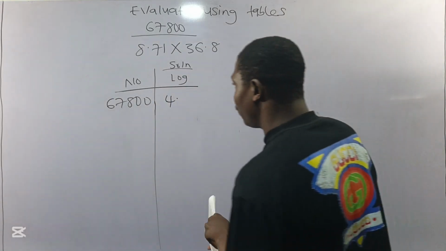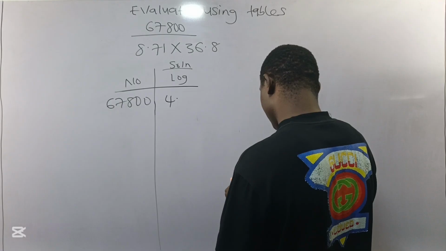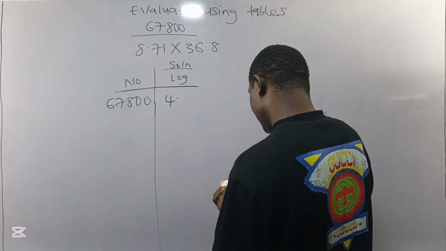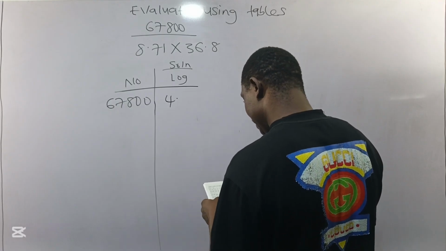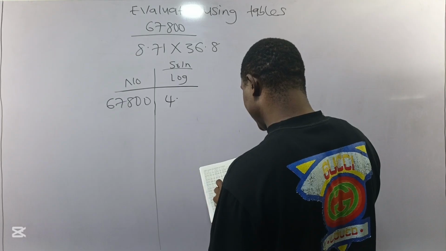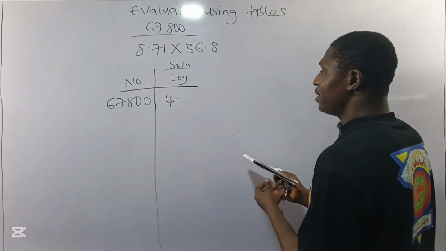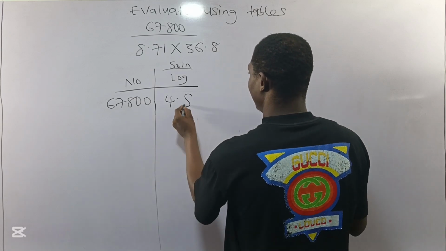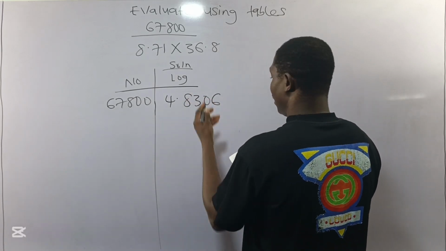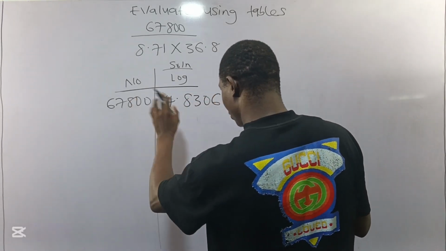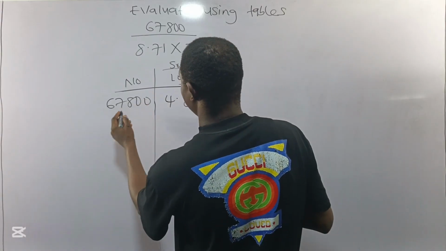Log of 67 under 8 is 8306. There's no difference 0, so we neglect that.